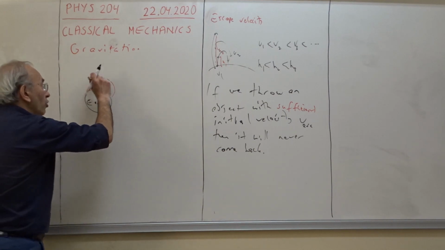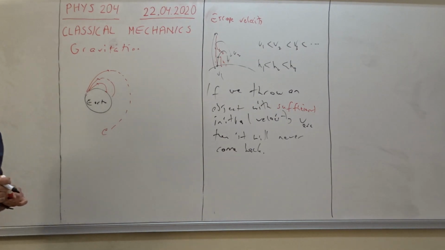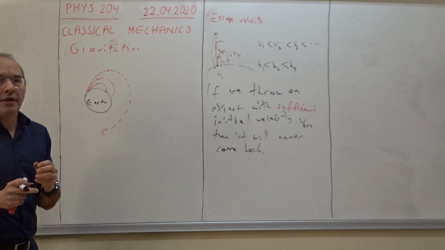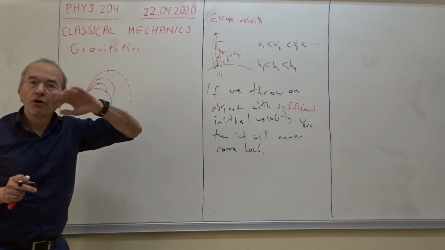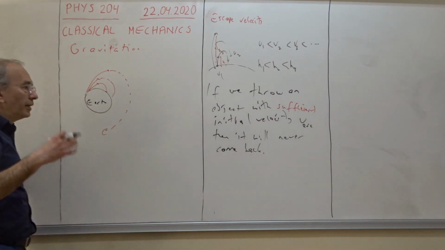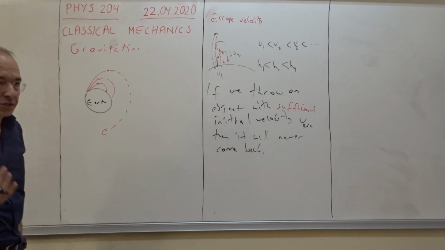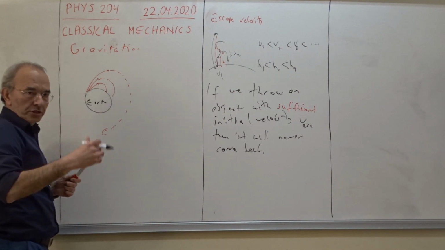But if you throw an object such that the gravitational pull is not enough to keep it near the Earth, it will go far away. The energy necessary for this can be found by energy conservation. Let's consider two positions.